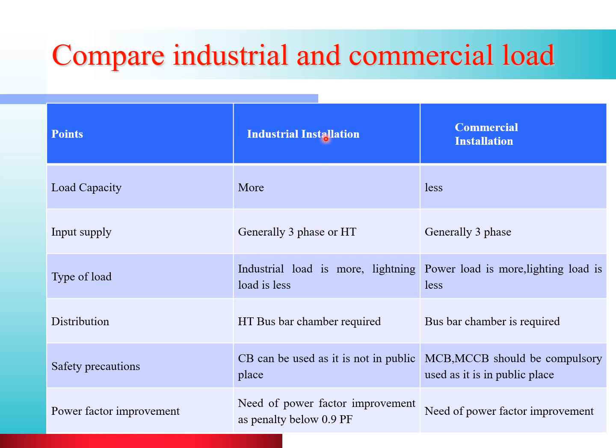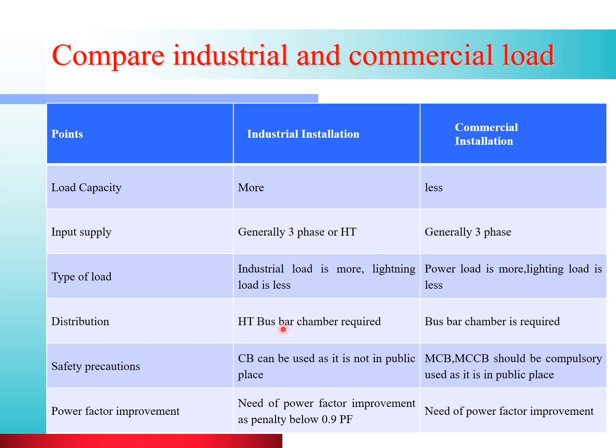Input supply, generally for industrial load, it is three-phase or high tension supply, and for commercial load, it is three-phase supply. Type of load, for industrial installation power load is more, lighting load is less.